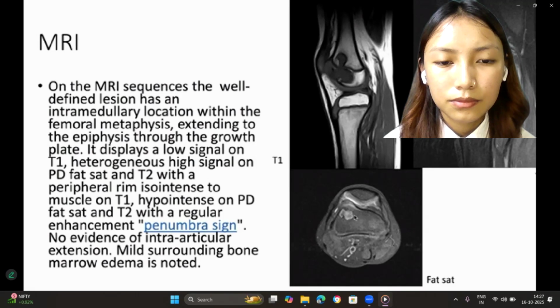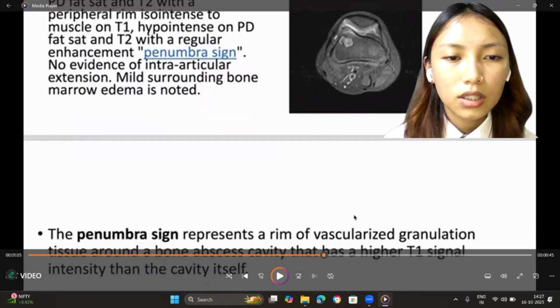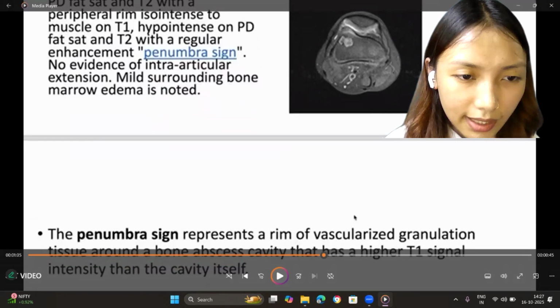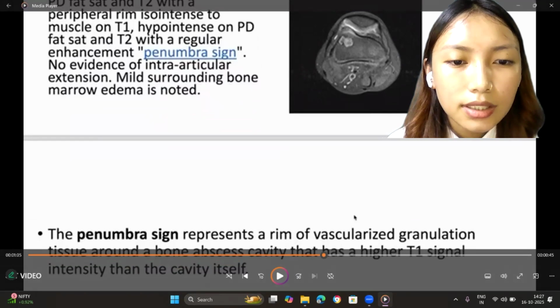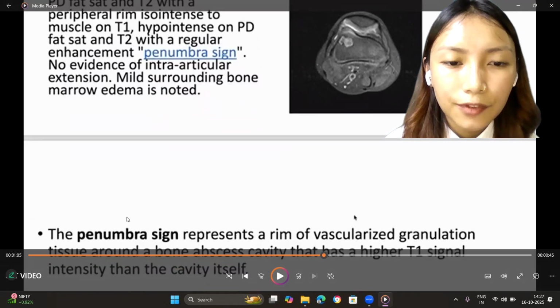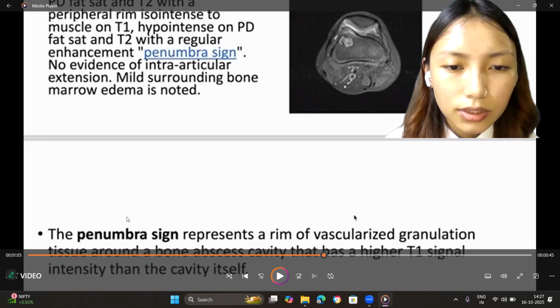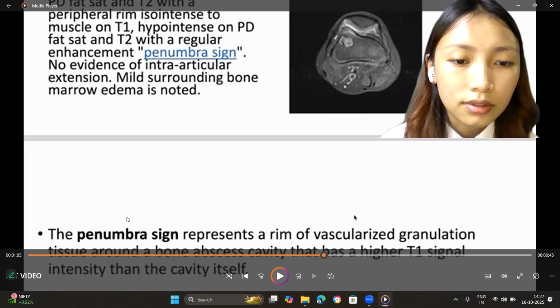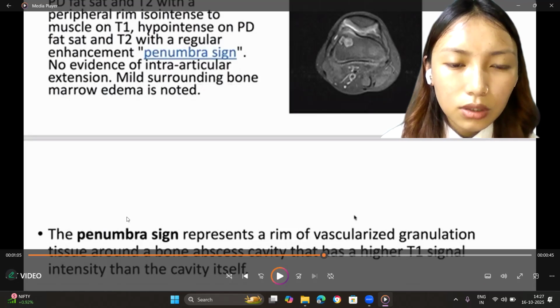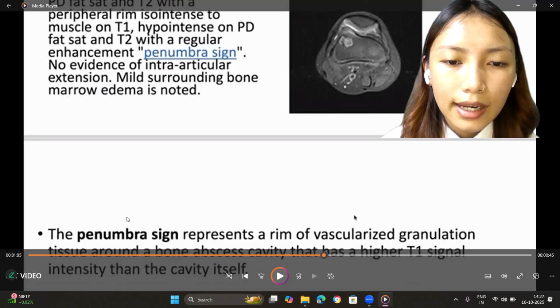This is the penumbra sign. So, in the MRI findings, the lesion is intramedullary, extending from the metaphysis through the growth plate to the epiphysis. It shows low signal on T1 and heterogeneous high signal on T2.